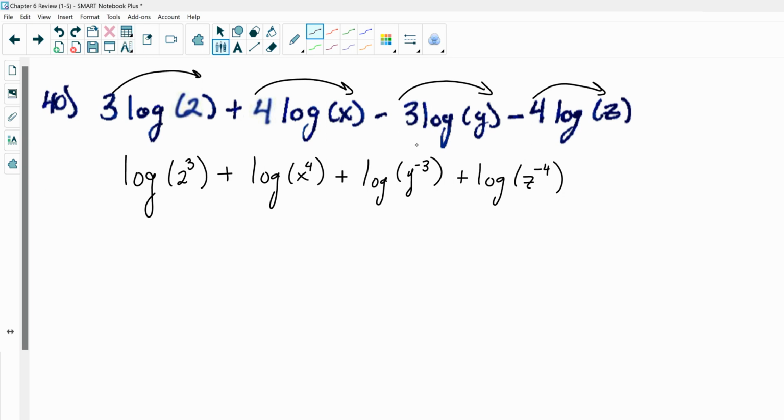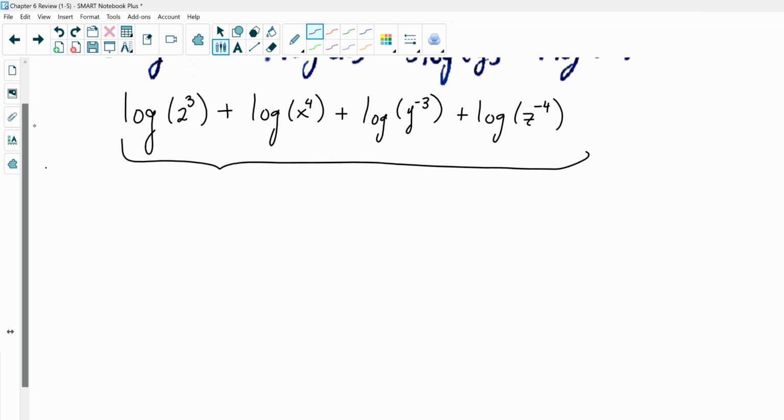Questions on how we got to this point here? Now at this point, we have 4 logs with the same base, the same logarithm, so we can rewrite it as a single log with what's inside being multiplied.